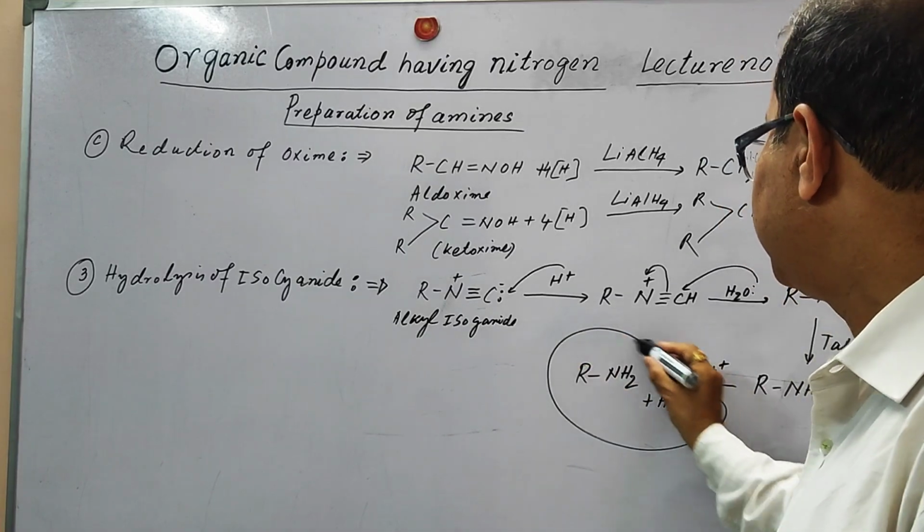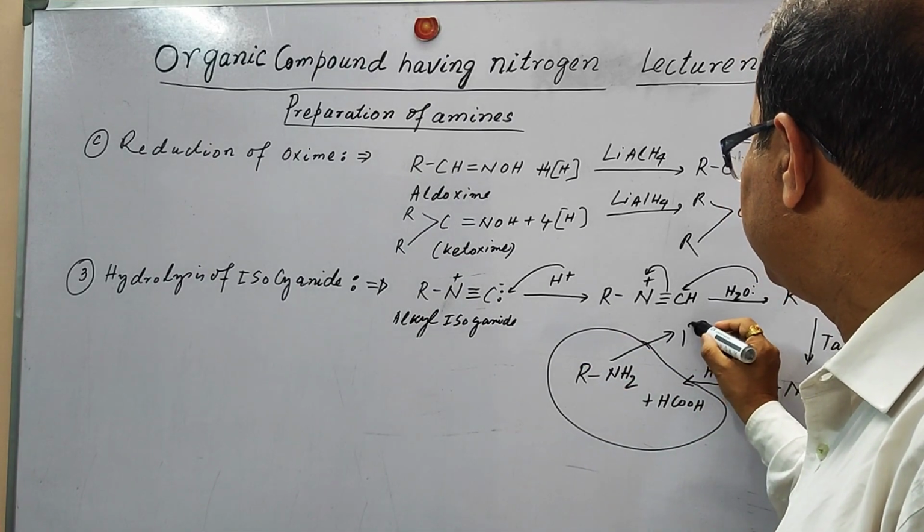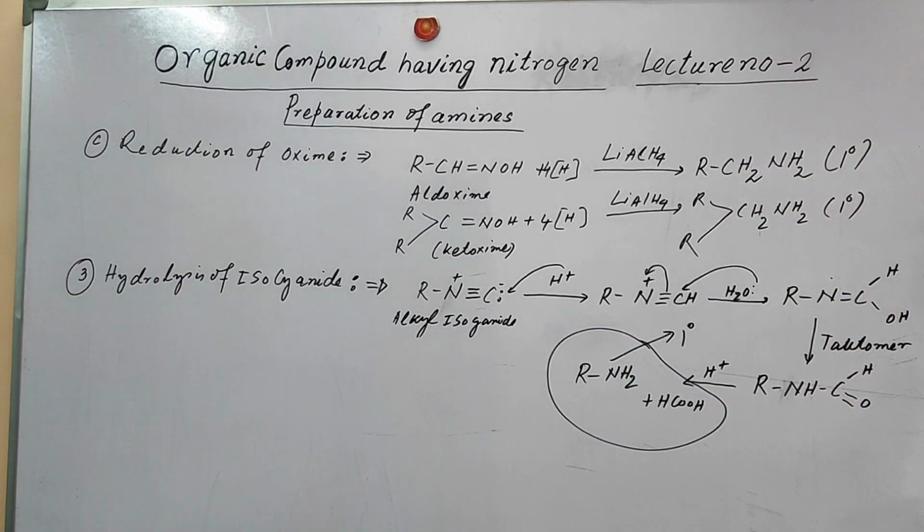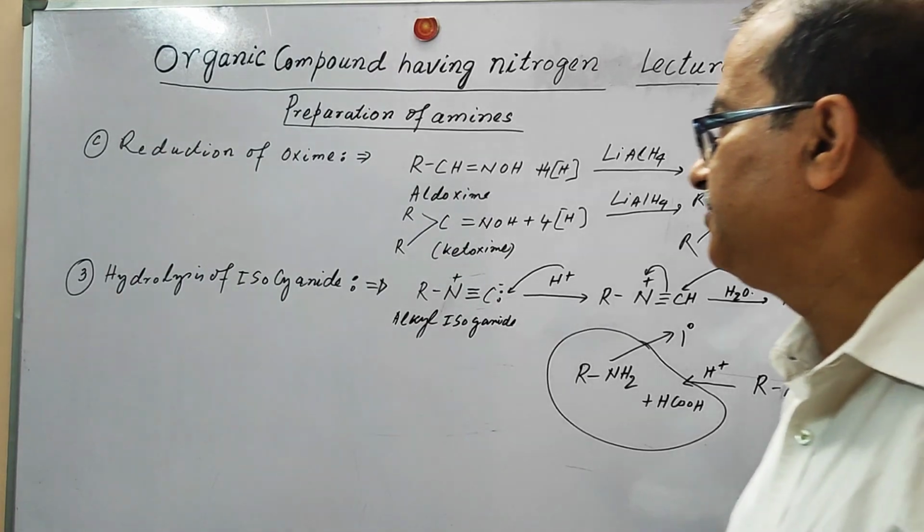So these two products, the 1 degree amine and formic acid, you can observe with the hydrolysis of isocyanates.